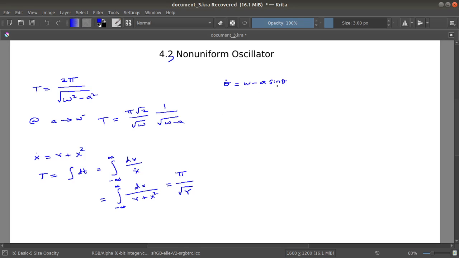We have to approximate this into the normal form, which is this one. Once we do that, we will understand the meaning of r for this system. I'll leave that as an exercise, but if we calculate, we will get r equal to omega minus a.